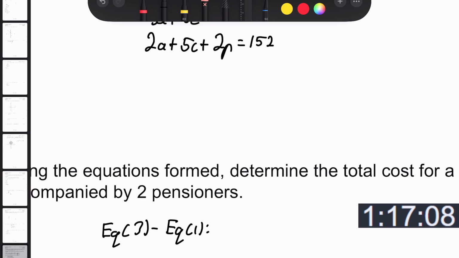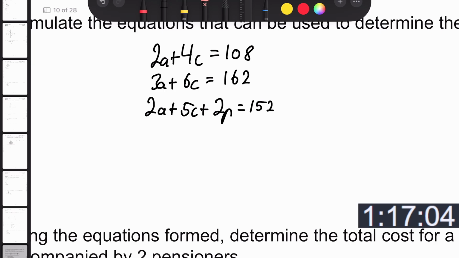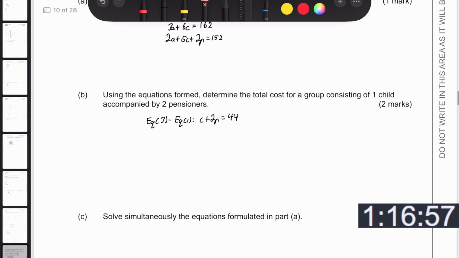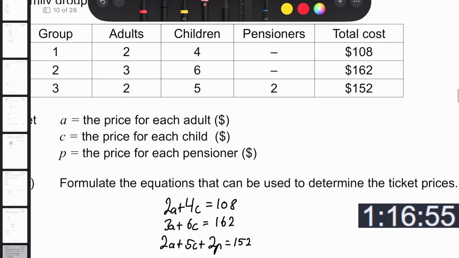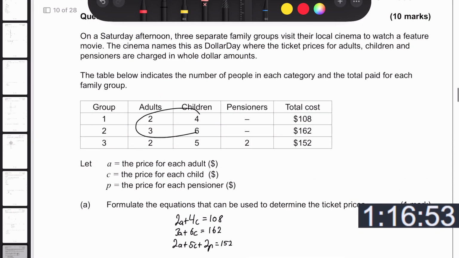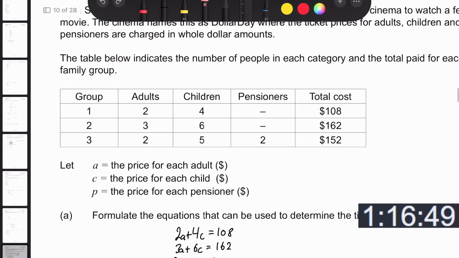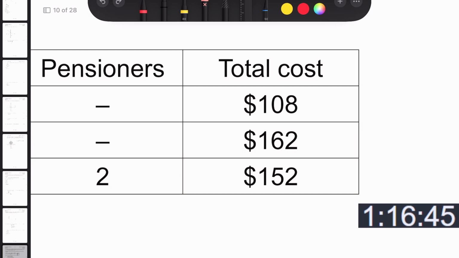So this is going to be c plus 2p equals 152 minus 108, 44. Okay, there we go. I was so confused because these two must just be scalar multiples of each other. Yeah, oh yeah, they are. They're 50% of each other.